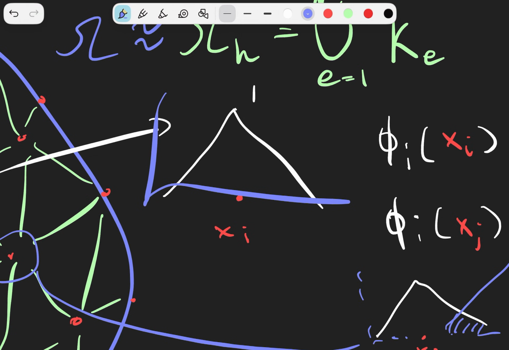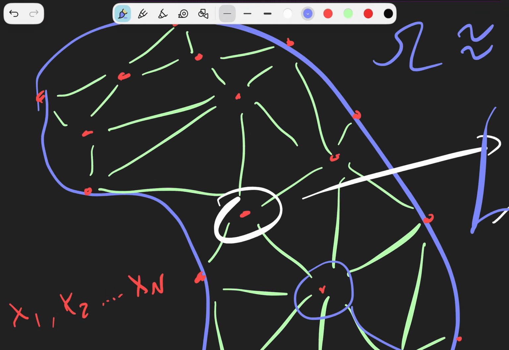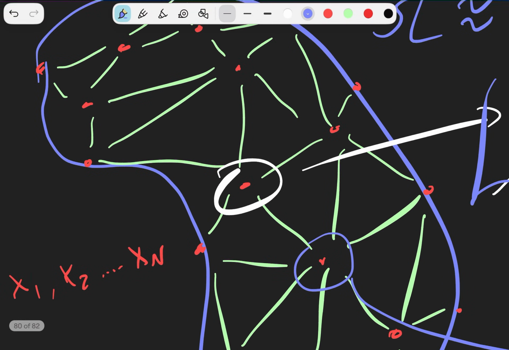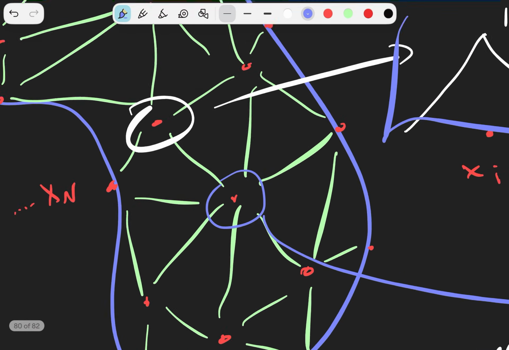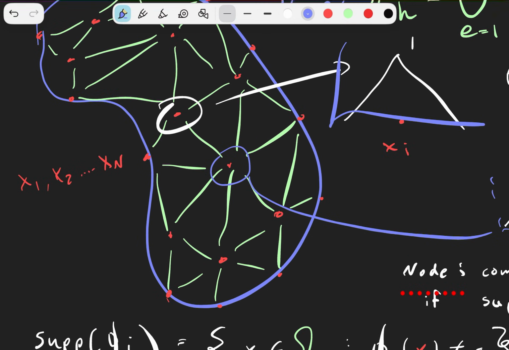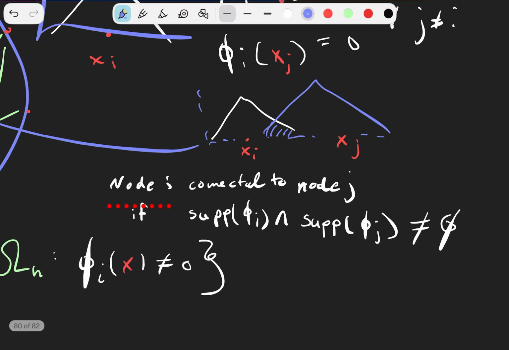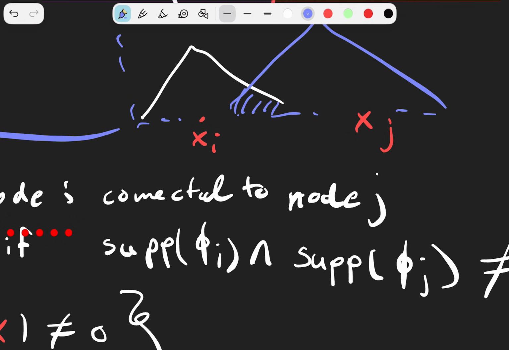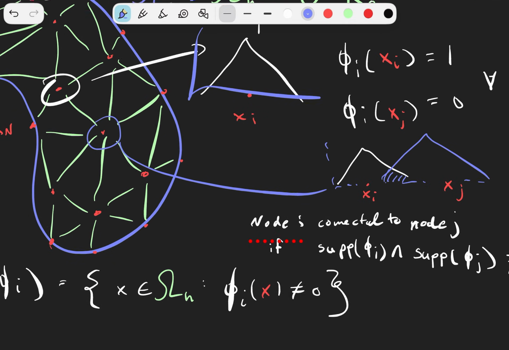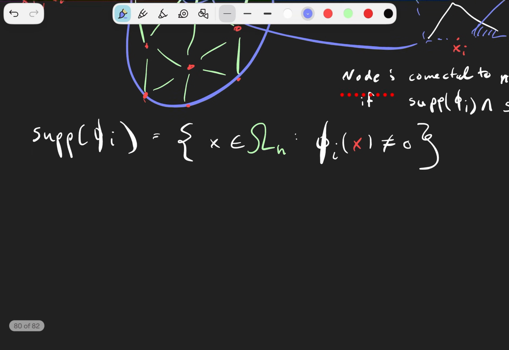And this compact support idea means that what happens at node i will only affect its immediate neighbors, because it's going to vanish everywhere else. This intersection tells us that they only affect each other, and this will also lead to an idea of sparsity in graph theory. But I'm not going to get ahead of myself.